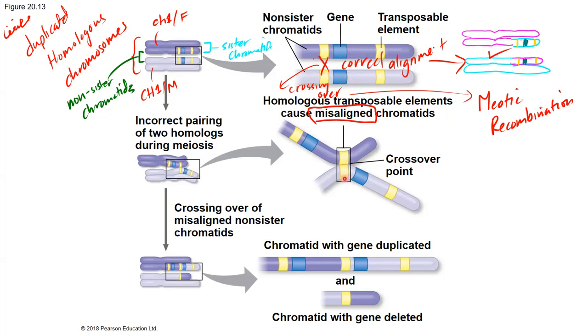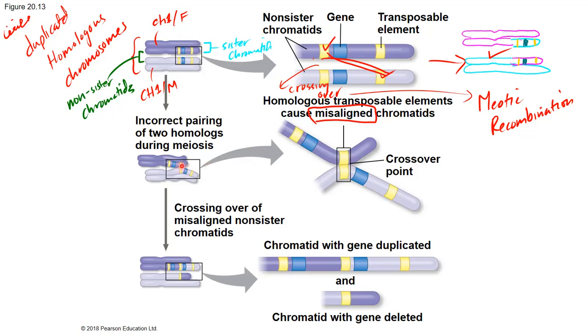This is called misalignment. So this sequence, which is identical to this sequence, to this sequence, to this sequence, these two sequences, this one and this one, will come closer to each other. Okay, and now crossing over happens between these two, like this. And these are now considered misaligned chromatids.